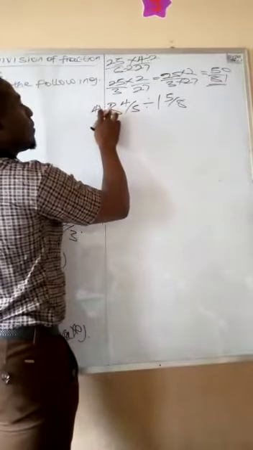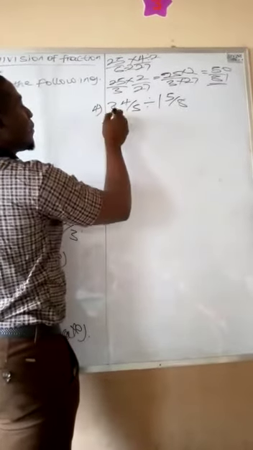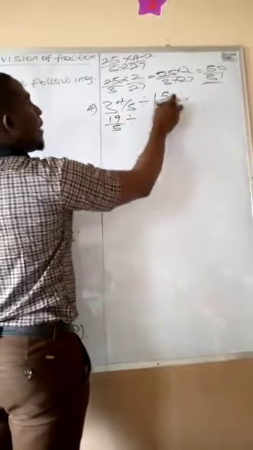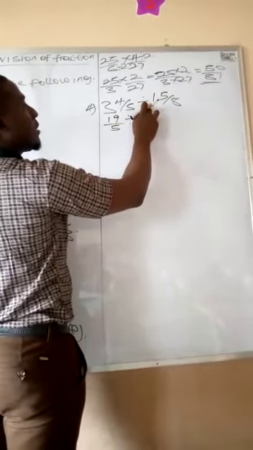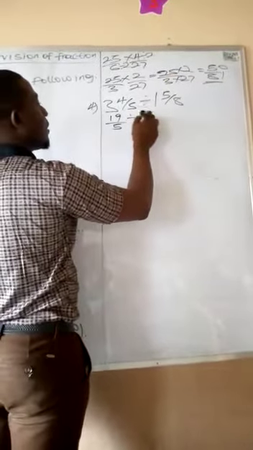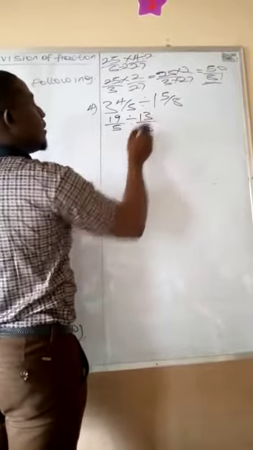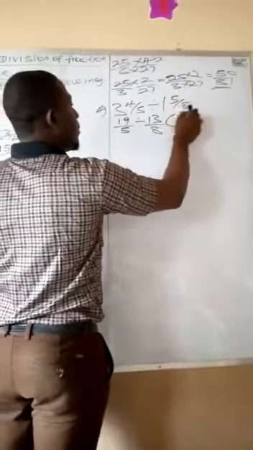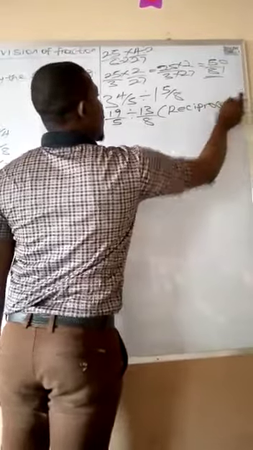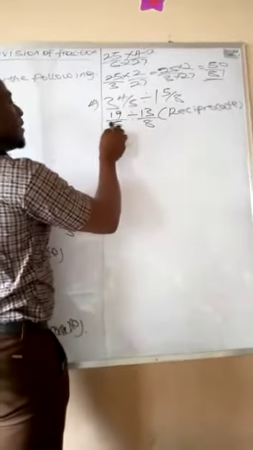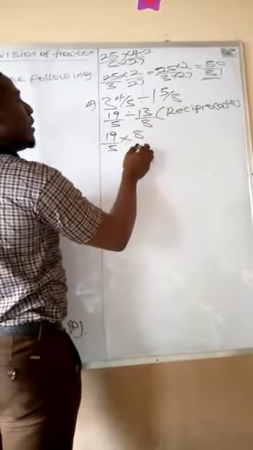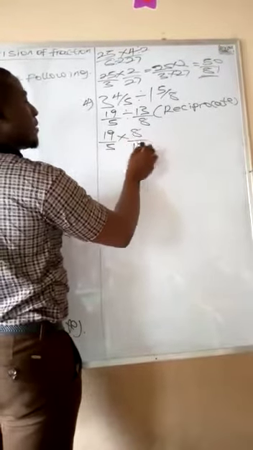This will be 15, 15 plus 4 will give us 19 over 5, divided by 8 plus 5, which is going to give us 13 over 8. And then we are going to reciprocate. Now when we reciprocate, we are going to have 19 over 5 times 8 over 13.